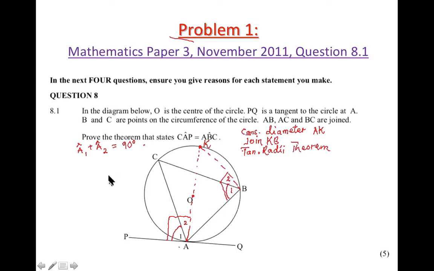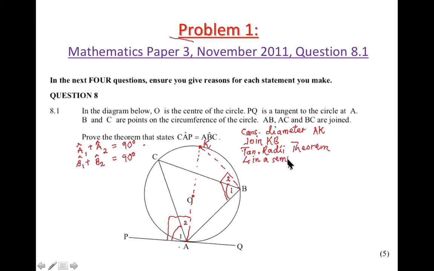So we would then say angle B1 plus angle B2 is equal to 90 degrees. And what is the reason? You can say angle in a semicircle.